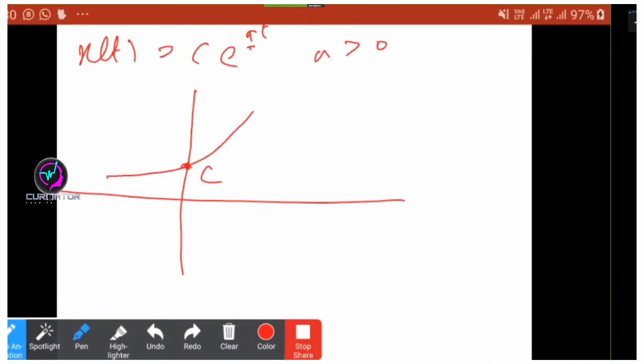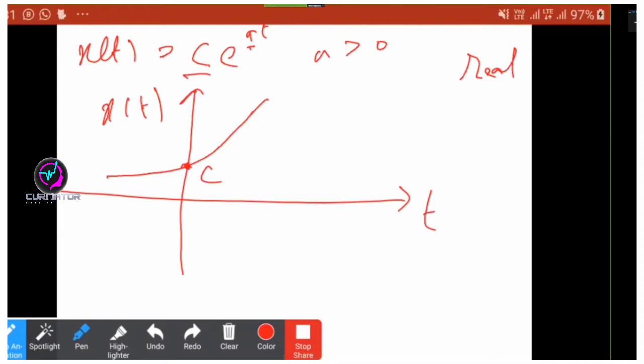Only if c and a are purely real, not imaginary, then the function will be like this. If a is greater than 0, we will get the function graph like this.